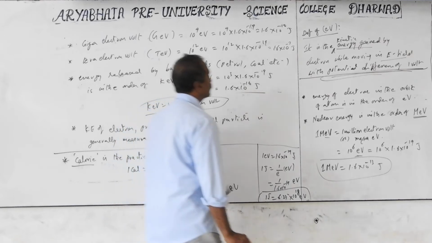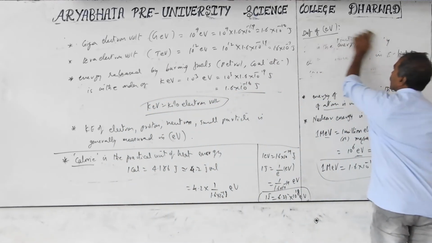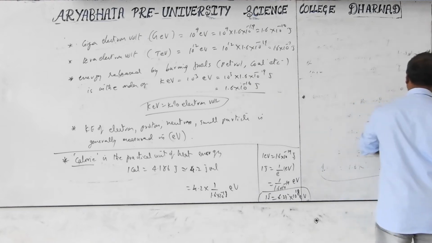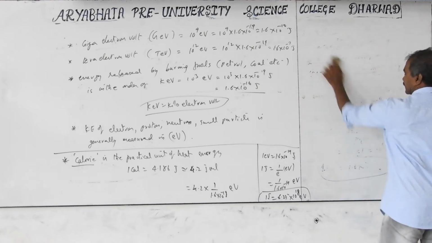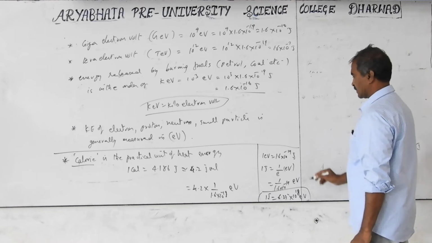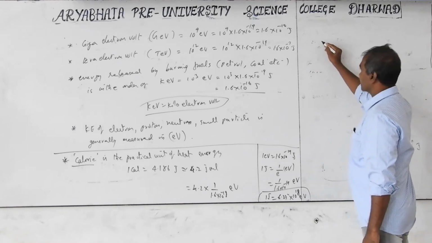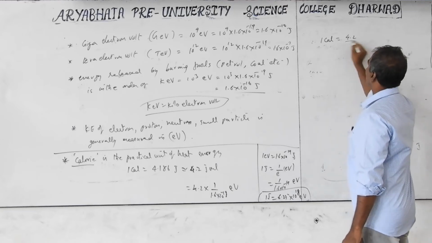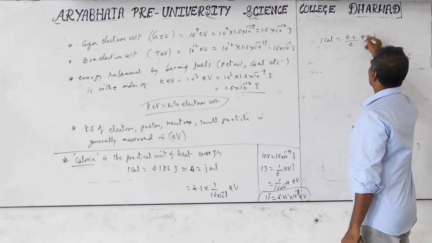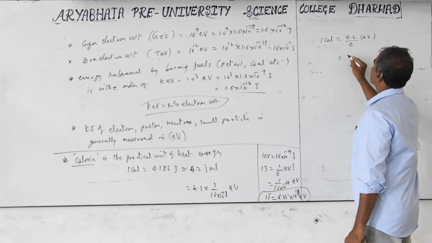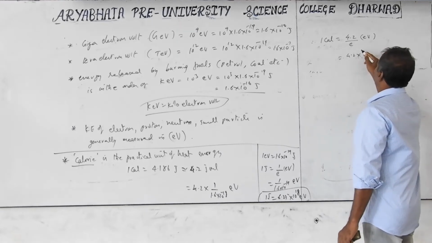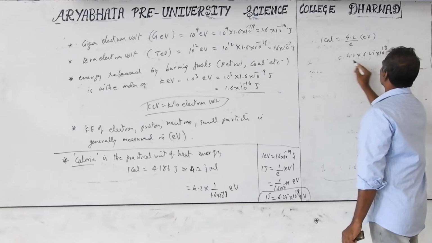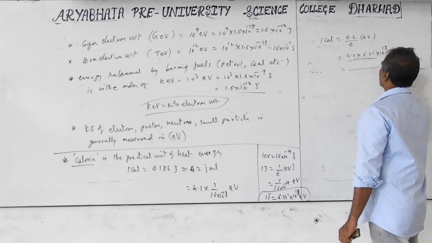So that result becomes 1 calorie is equal to 4.2 by e in terms of electron volts, which is 4.2 into 1 by e value, 6.25 into 10 to the power of 18, in terms of electron volts.